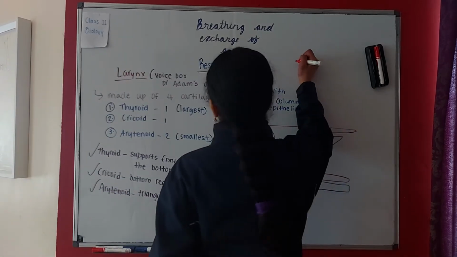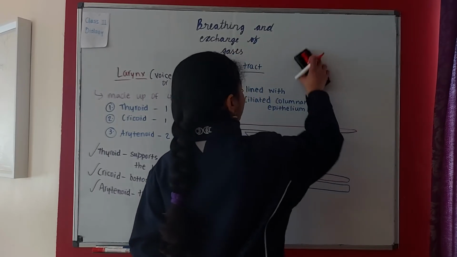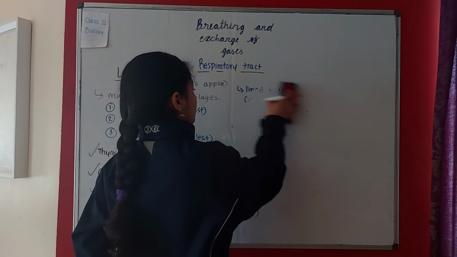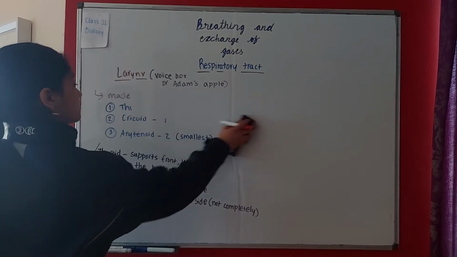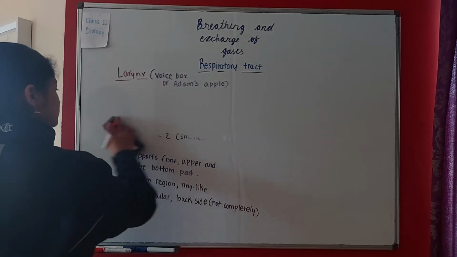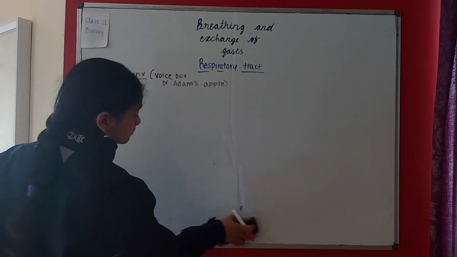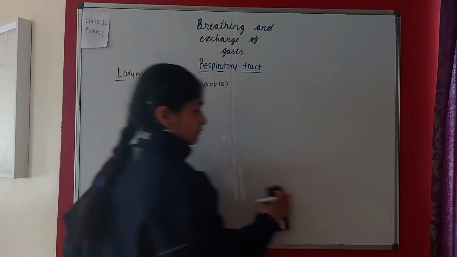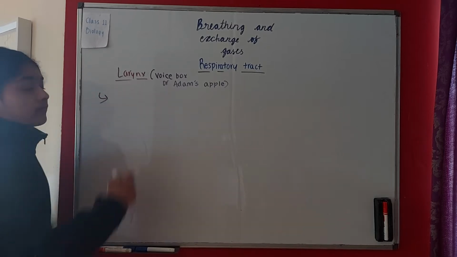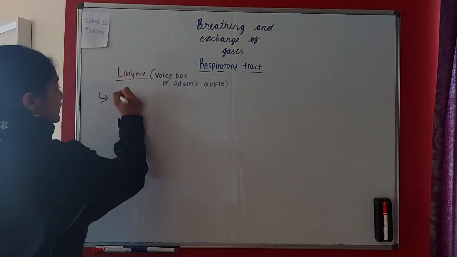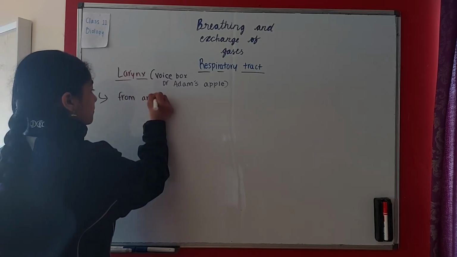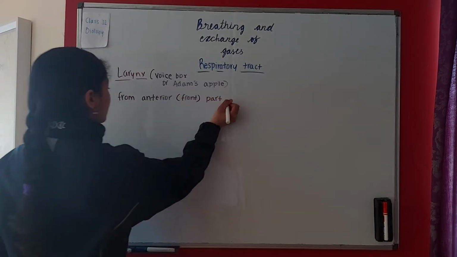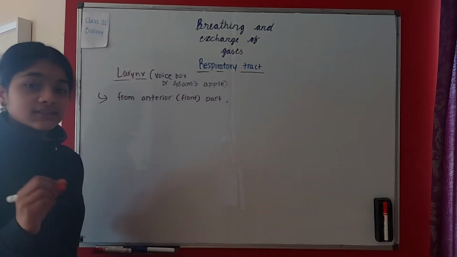Now one more important thing that we need to understand when we talk about the larynx is that from the anterior or the front part of the larynx, there is a structure which arises, that is the epiglottis.